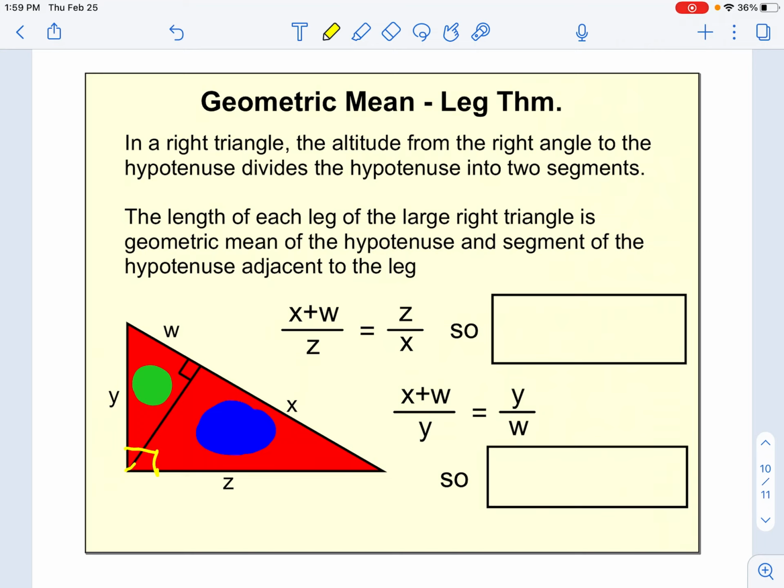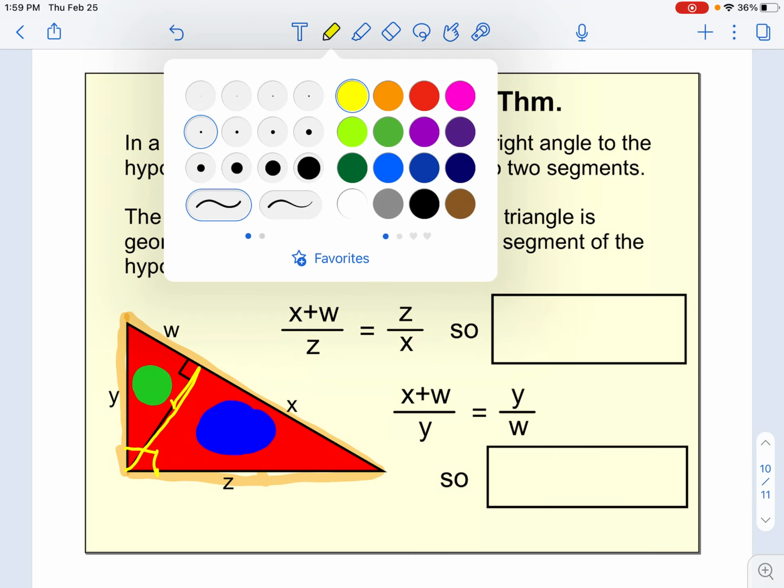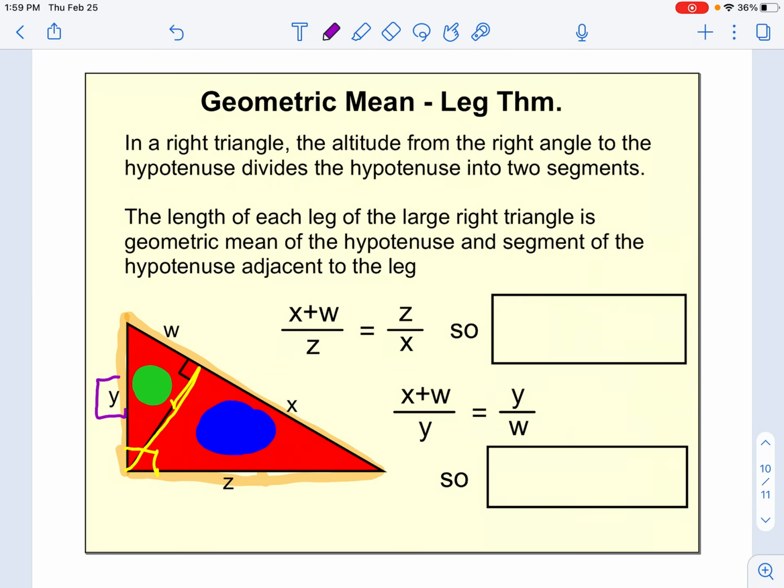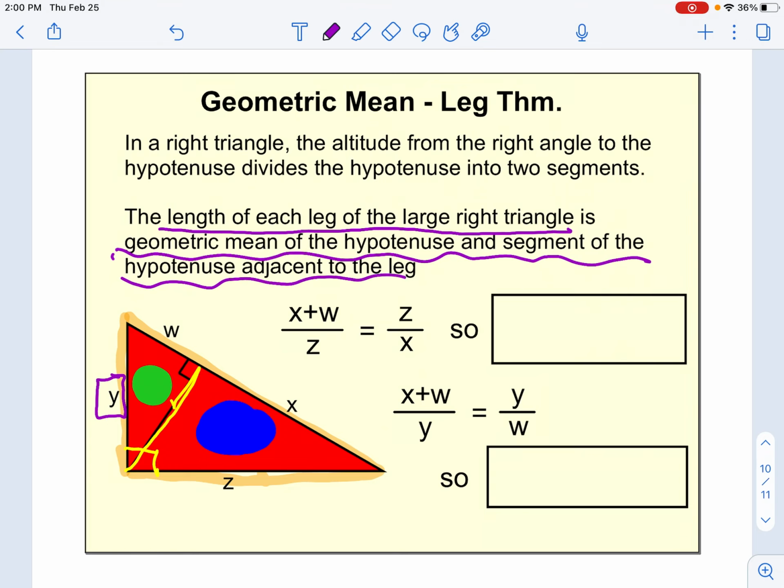The length of each leg of the large right triangle, the length of this leg right here, Y, is the geometric mean of the hypotenuse and the segment of the hypotenuse adjacent to the leg.